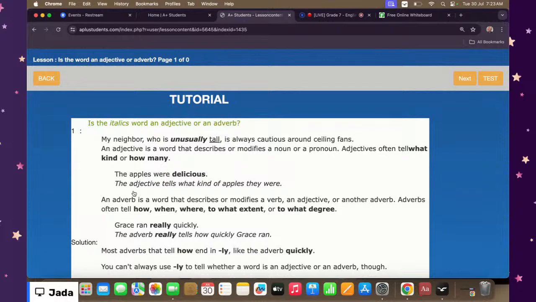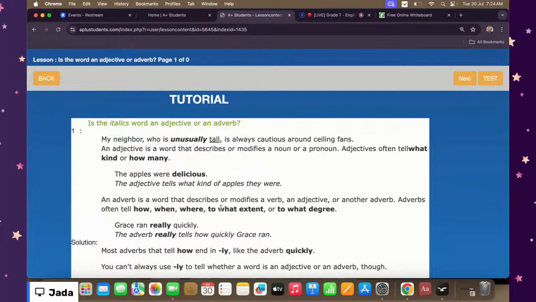So we have the normal explanation that we've already gone through. Of course, remember, adjective often tells what kind or how many. So what kind or how many is for the adjective, and it modifies or describes a noun or pronoun, while the adverb modifies a verb or another adverb.